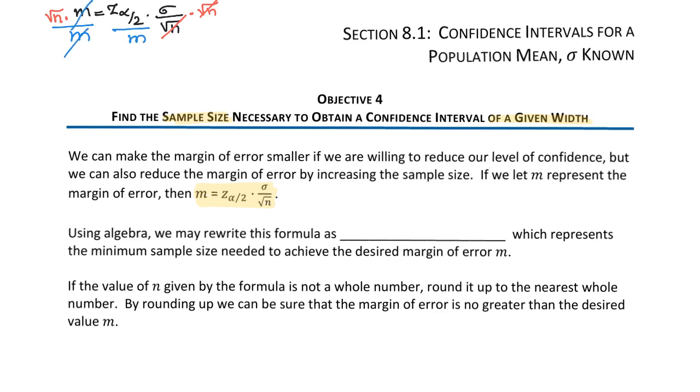And you will get square root of n equal z alpha over 2 times sigma over m. Now in order to solve for n, square both sides. So if you square this, square and square root will cancel. You will get n equal to this whole thing.